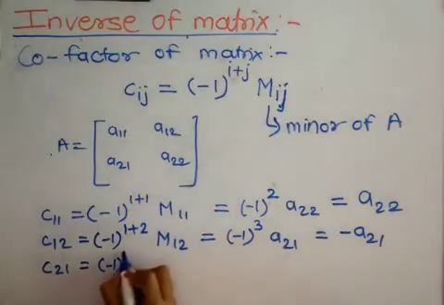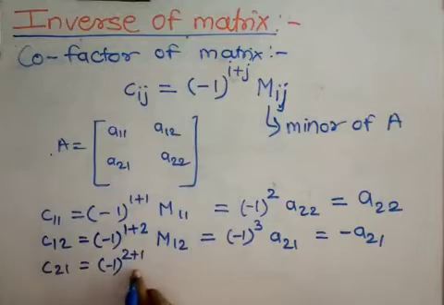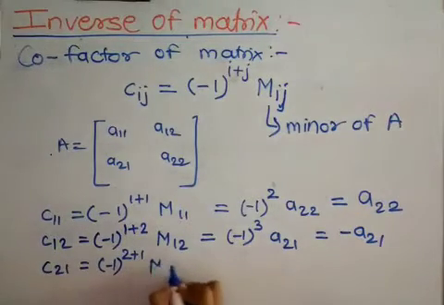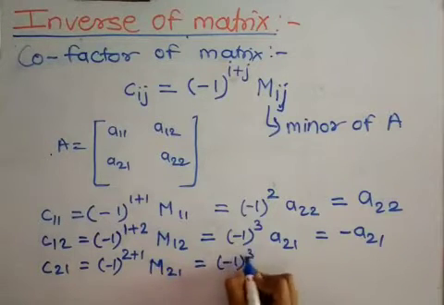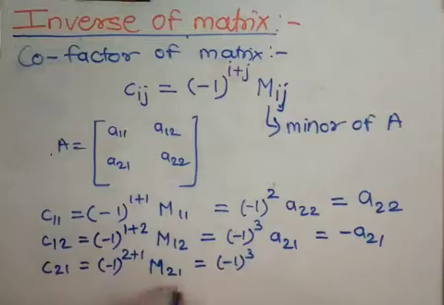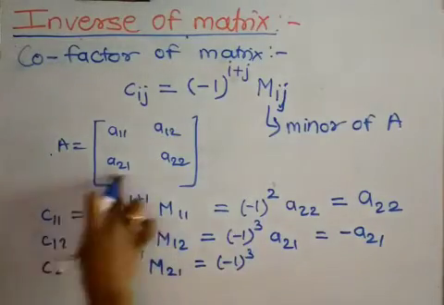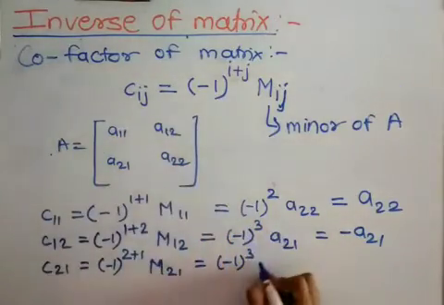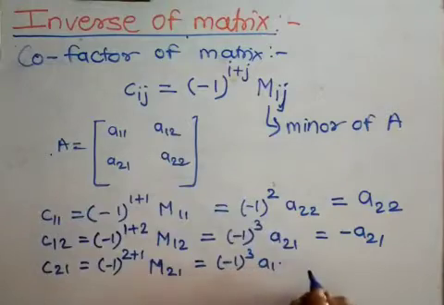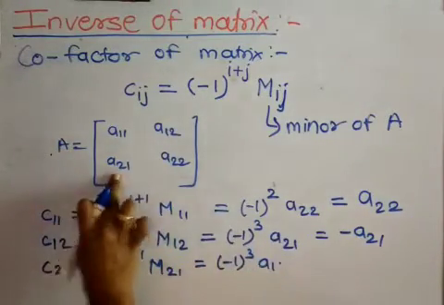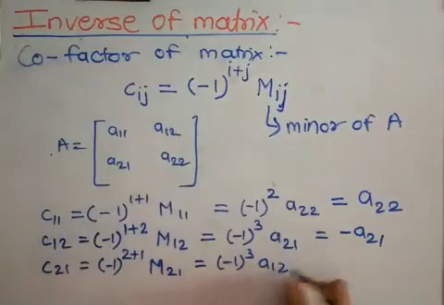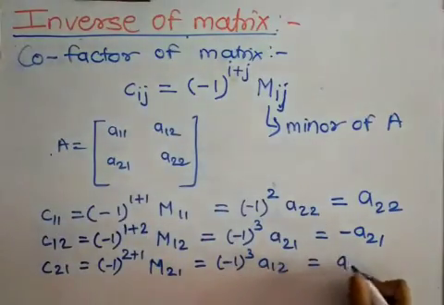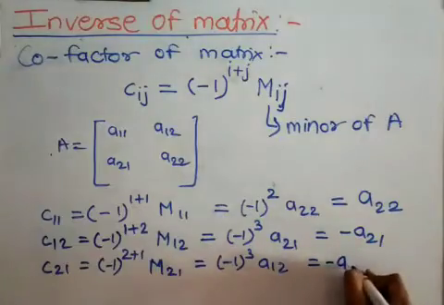The formula becomes minus 1 raised to 2 plus 1 into M21. Right? So we get minus 1 raised to 3, and we neglect the second row and first column. So we get A12, and the answer is minus A12.